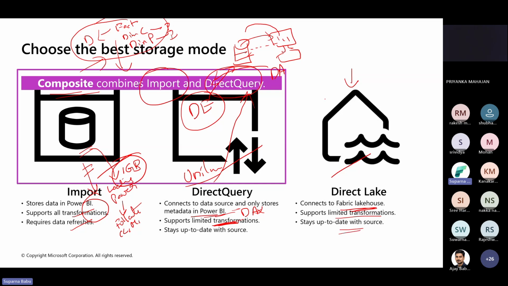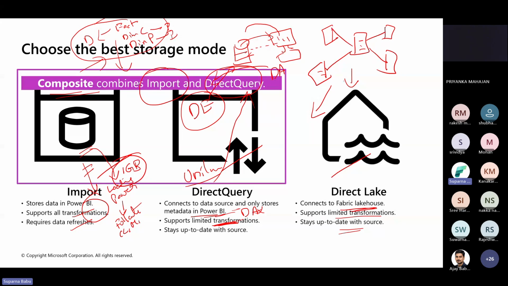Here also in direct lake mode, what will happen? Let's say there is a fact and there are some dimensions, with some values. Whenever I apply any filter on top of the report, it fires a query at the back end.